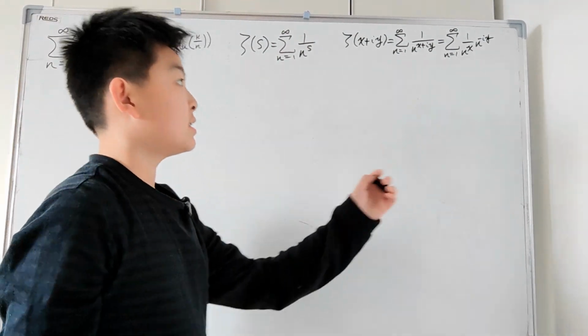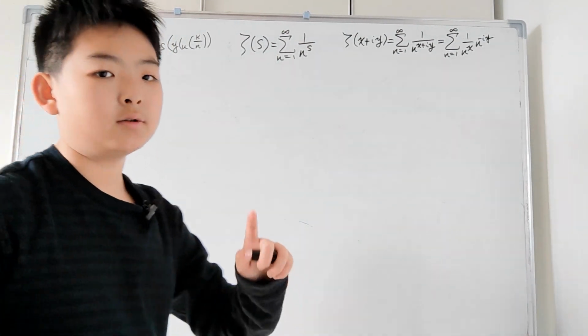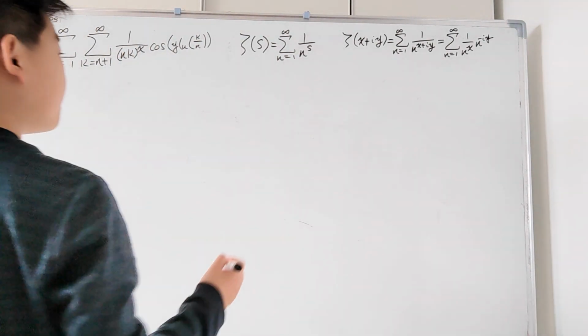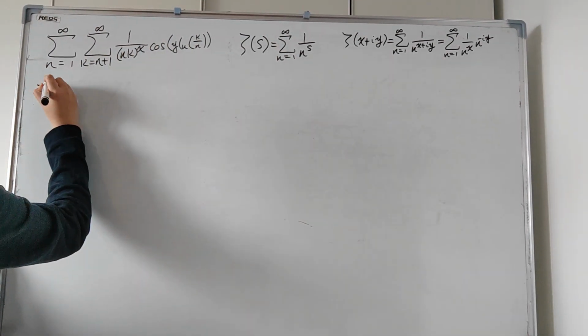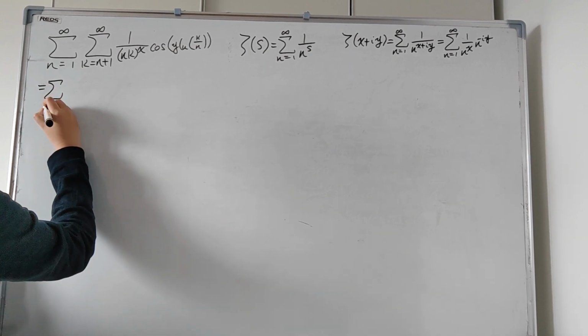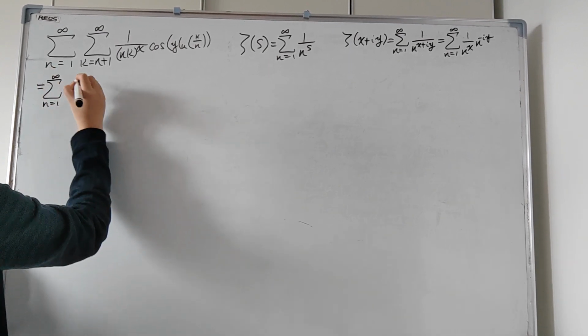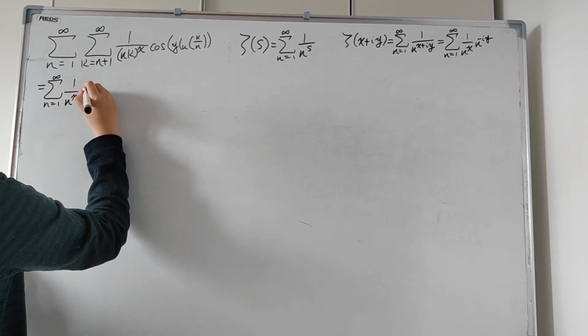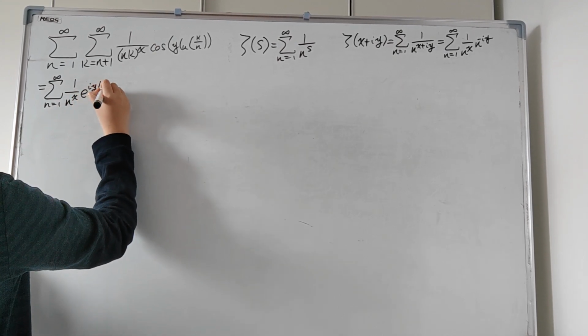And this allows us to use properties of exponents and Euler's formula. So we would get that this is equal to the sum, n equals 1 to infinity, of 1 over n to the x times e to the iy natural log of n.